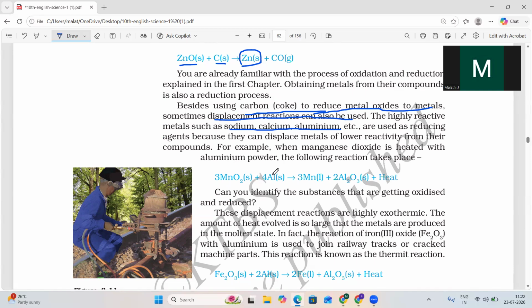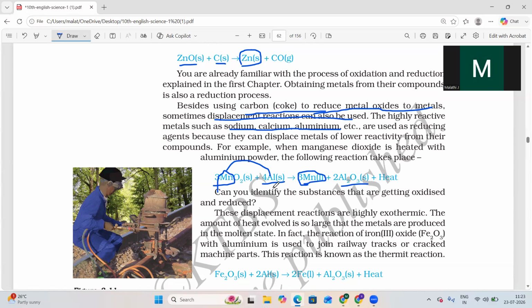What will happen? To get manganese, we add a highly reactive element. When a highly reactive metal is added, it will displace the less reactive element. We get manganese as a metal, then Al2O3, and excess heat is liberated here.